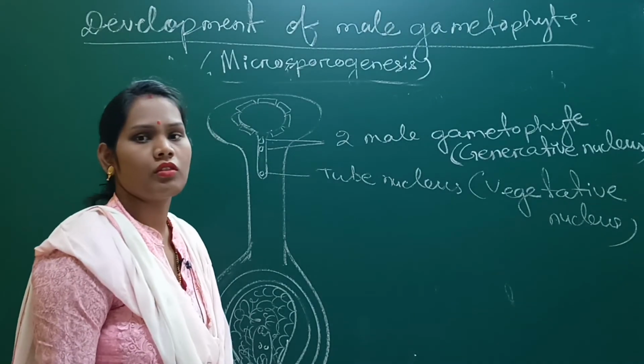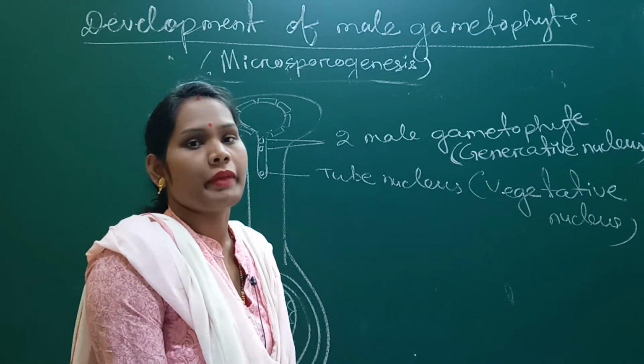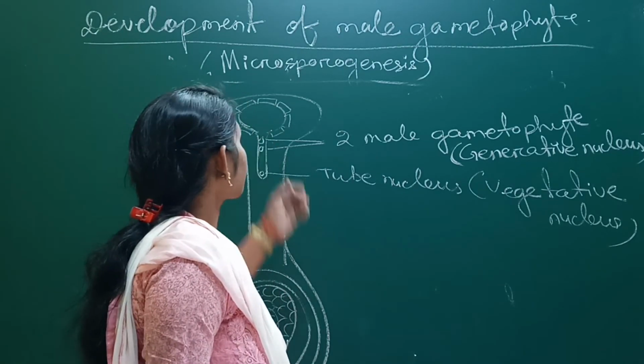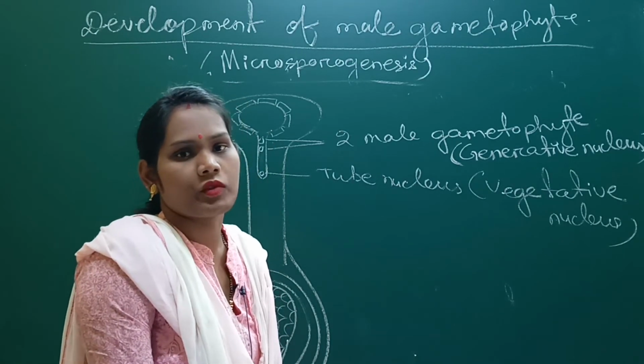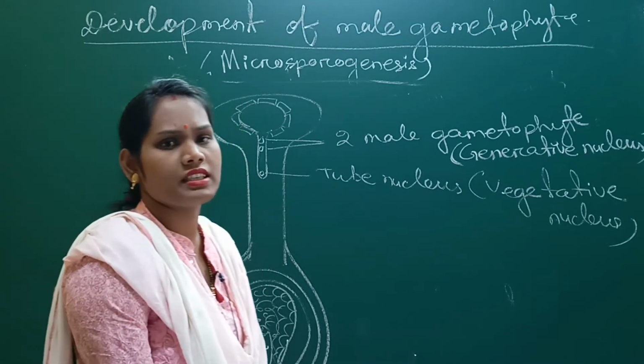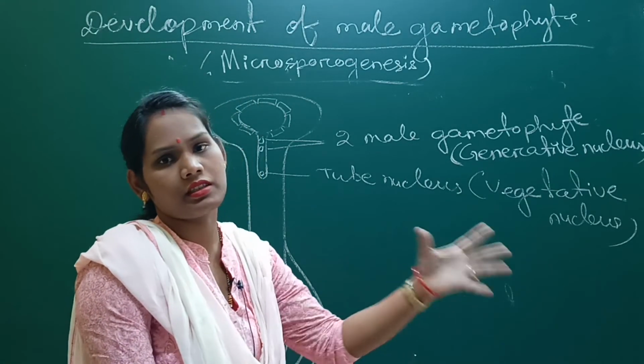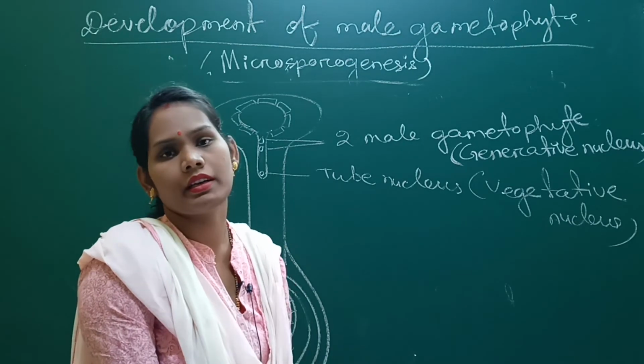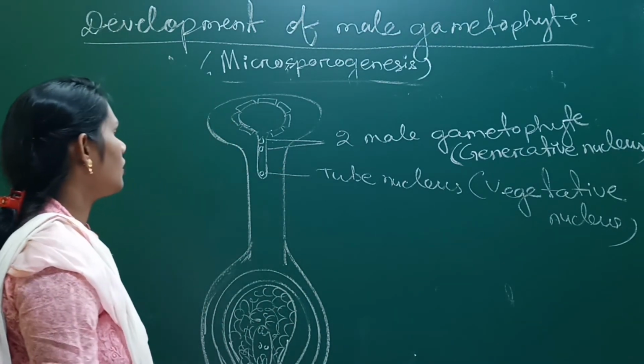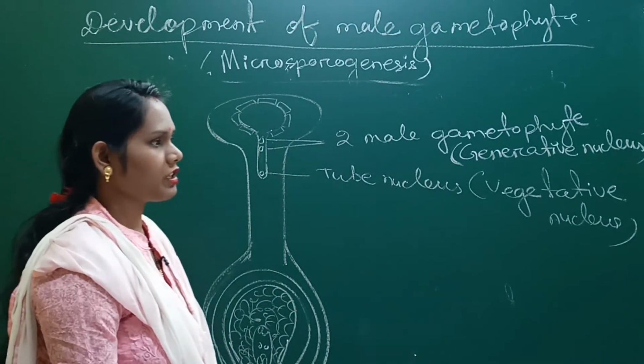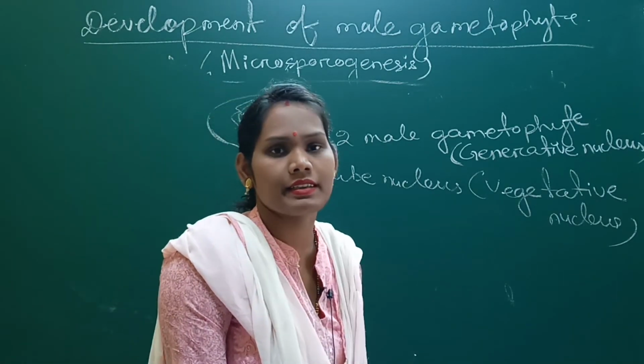Now let's learn about the development of the male gametophyte at the stigma. This development occurs in 2 phases: the first development occurs at the pollen sac, and the second development occurs at the stigma. Pollination means when the pollen grain reaches the stigma.